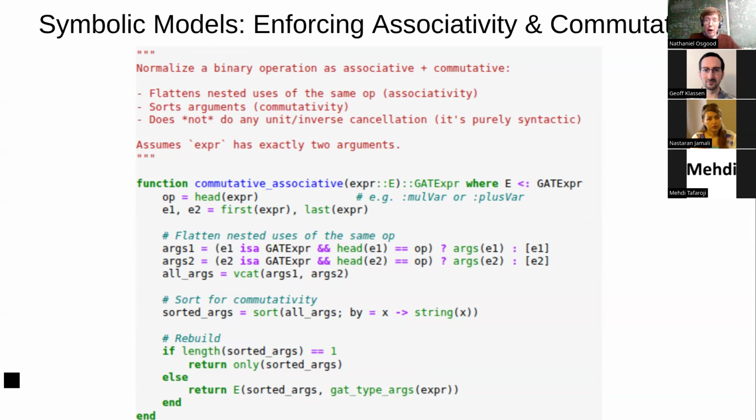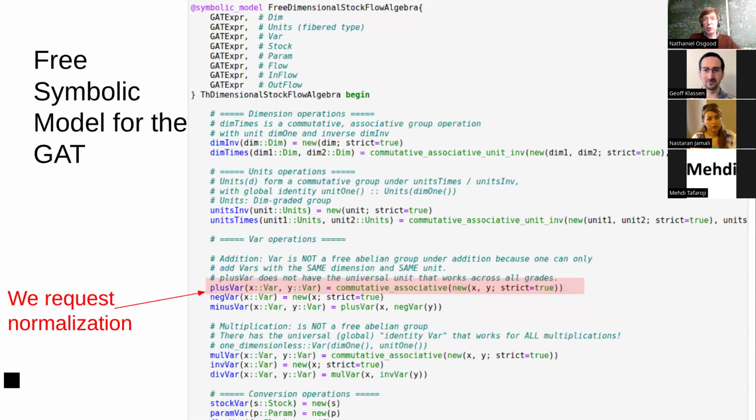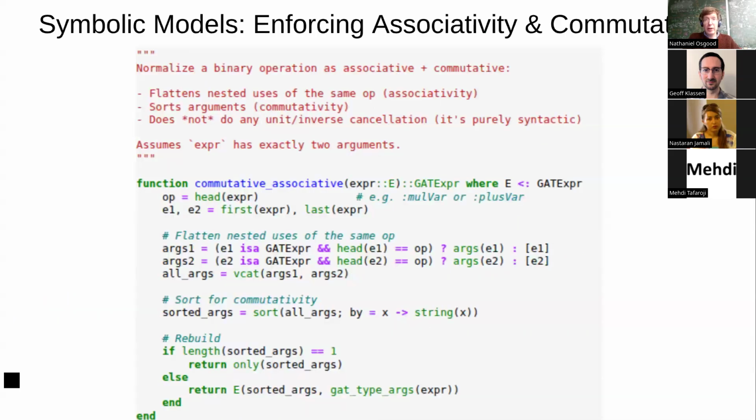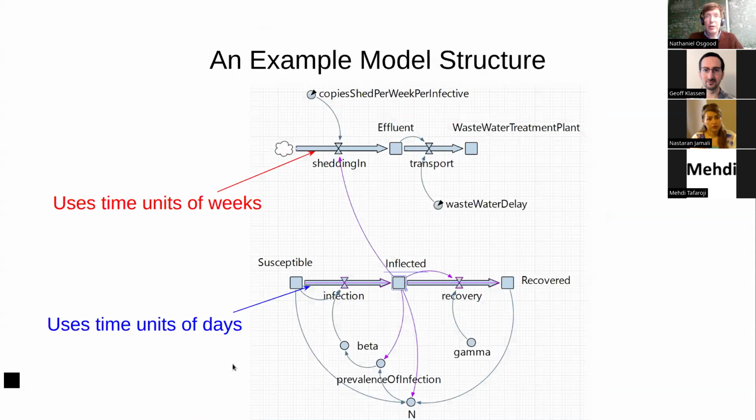And so we're not thrown off by thinking person times time is different from something of dimension time times person. It knows that they're the same because of this normalization. And Uche does this great work of, you can see it sorts it so that we can canonically characterize it. And we can normalize for these things.